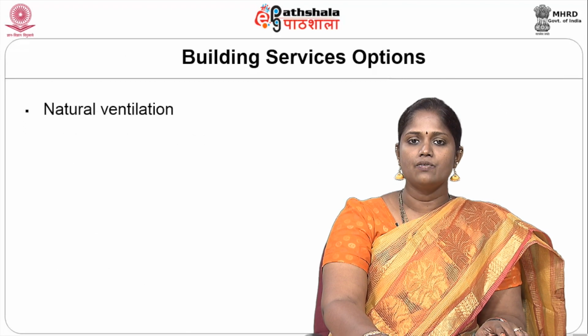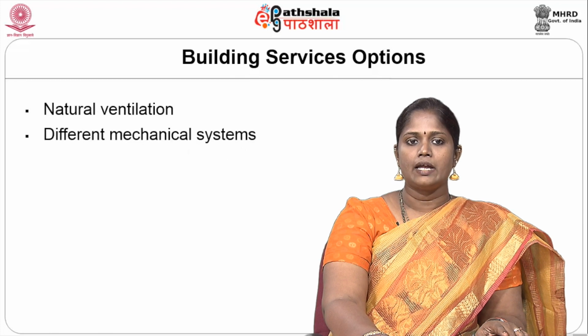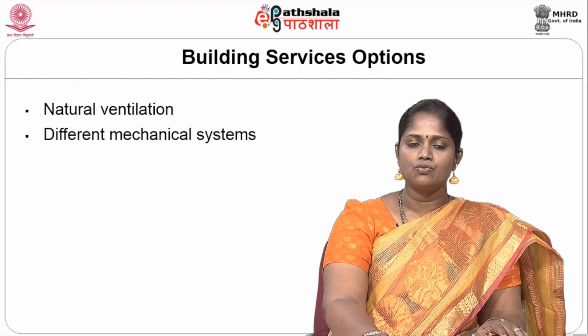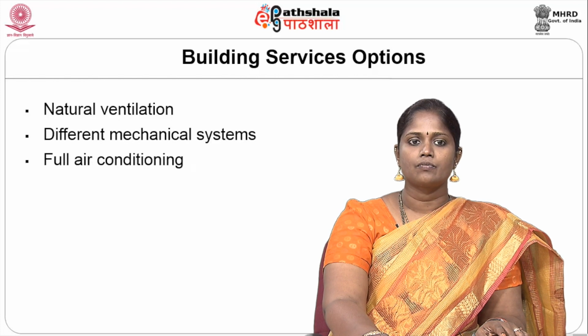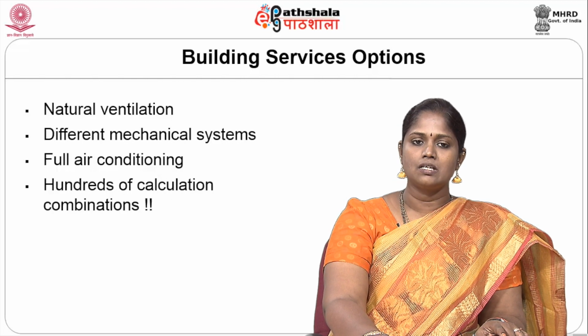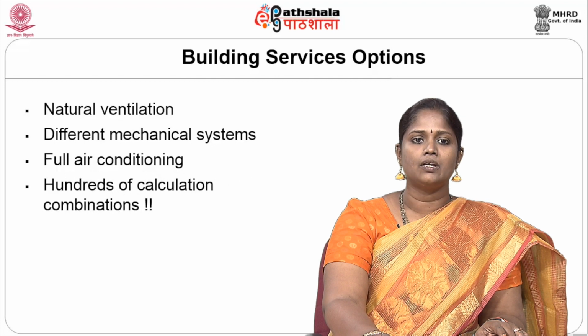The various building services options like natural ventilation and different mechanical systems for HVAC units, which again may be fully air conditioned building or semi partially air conditioned buildings or single component single usage of air conditioning, and hundreds of calculations are involved in this combination of the analysis of the energy.